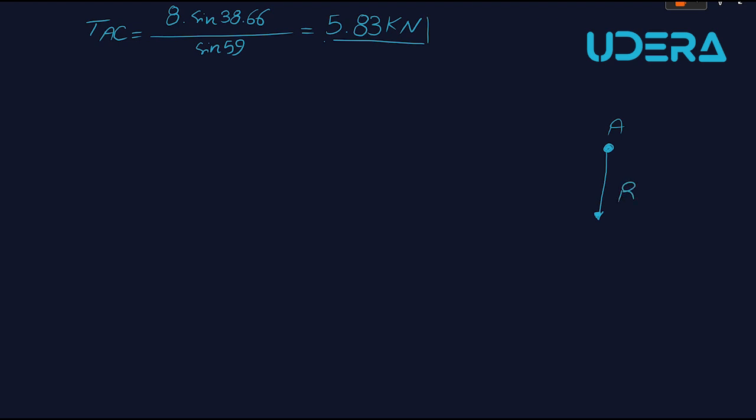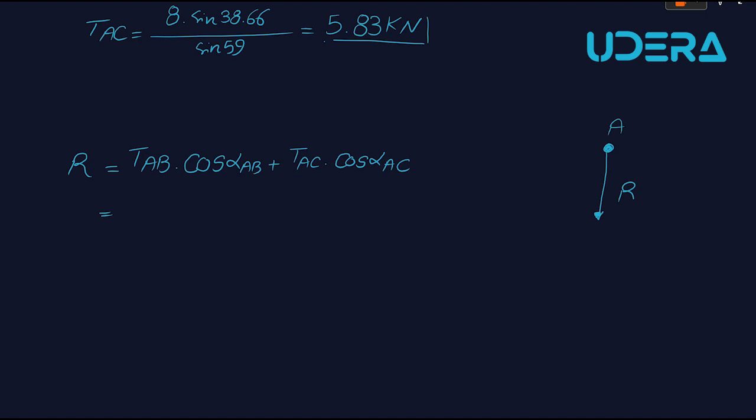So this is R. R is TAB times cosine of alpha AB plus TAC times cosine of alpha AC.